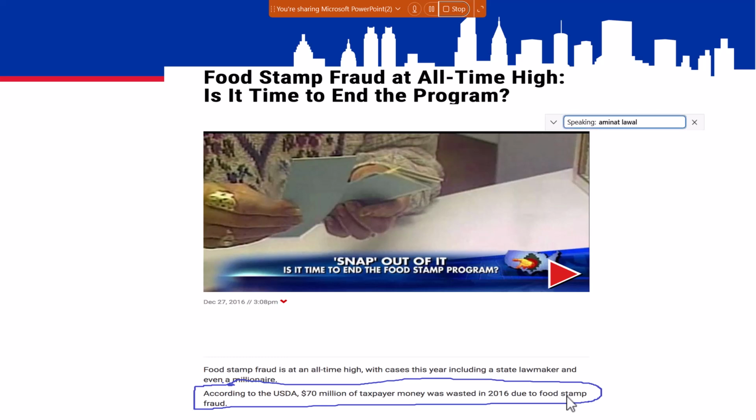So if we want to verify this, one thing is we could go to this government agency, USDA, and see if that 70 million was actually accurate. But the other thing to consider is in this case, because they're saying that because it was wasted, this 70 million, we need to shut down the whole program.